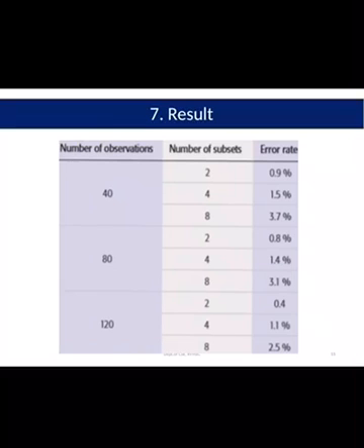The coming table tells about the error rate of the parallel prediction model with varying number of collected observations and size of subsets.